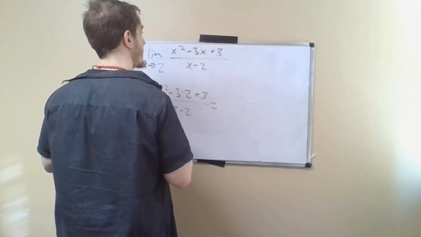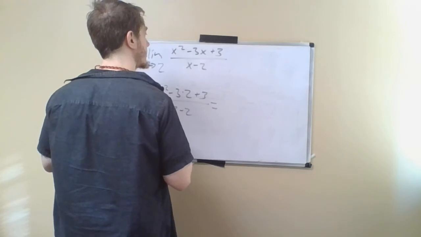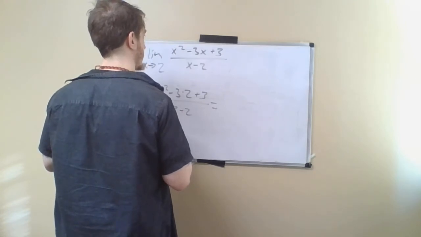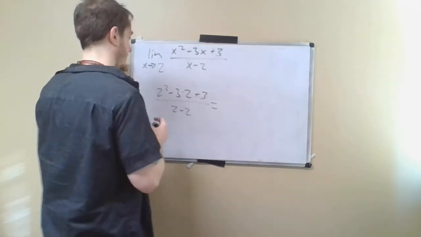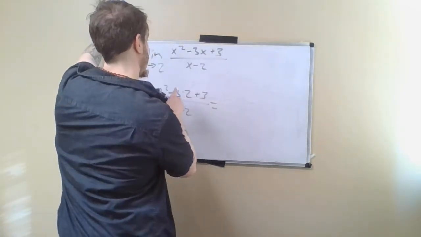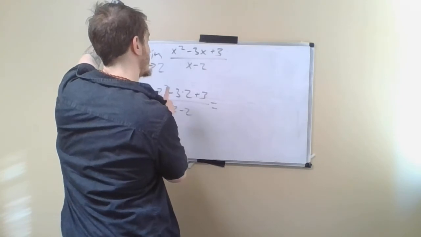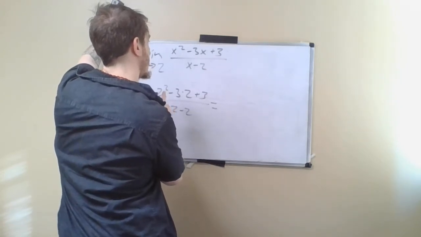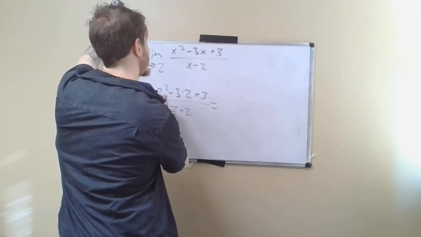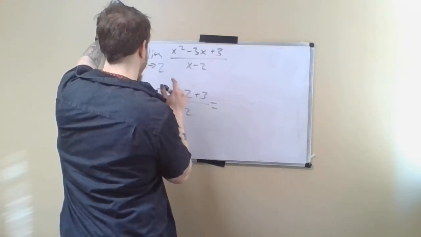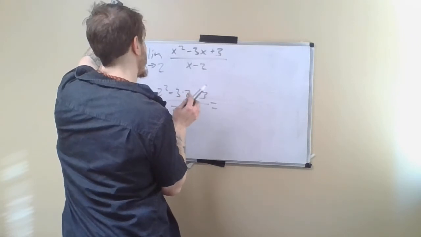I have this terrible fear now that I wrote something down incorrectly. Why is this not working out? Give me a second here while I double check and see why I'm going crazy all of a sudden.